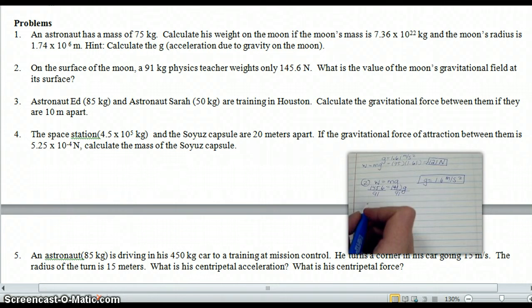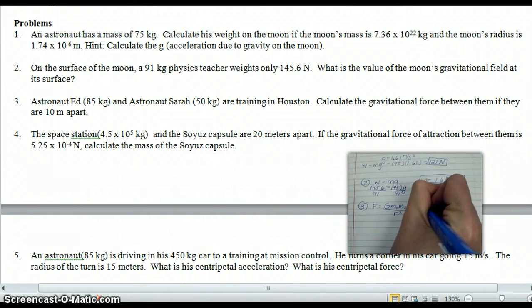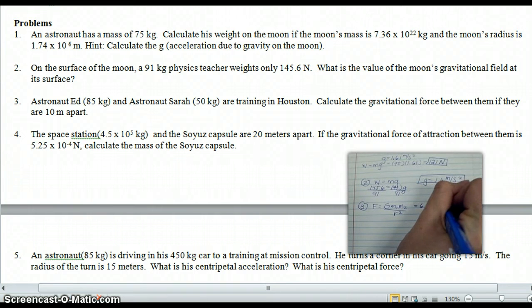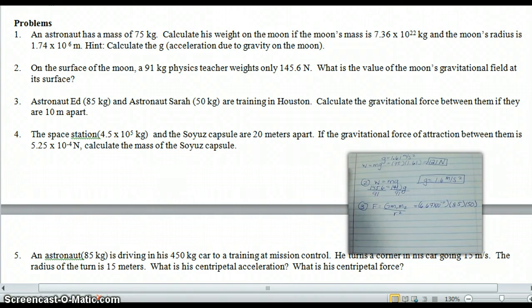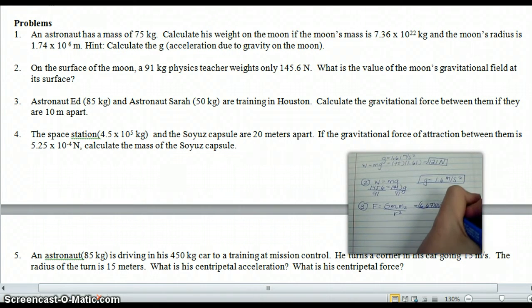So that's our key right there, their gravitational force, which is our F equals big G m1 m2 over r squared, or our distance squared. So big G, if you remember, is 6.67 times 10 to the negative 11th. My first mass was 85, and my second mass was 50, and they tell me they're standing 10 meters apart. So don't forget, you have to square that 10.